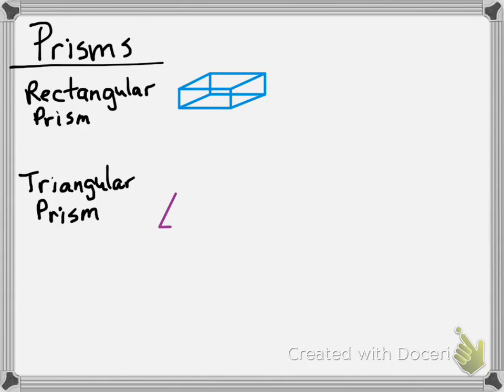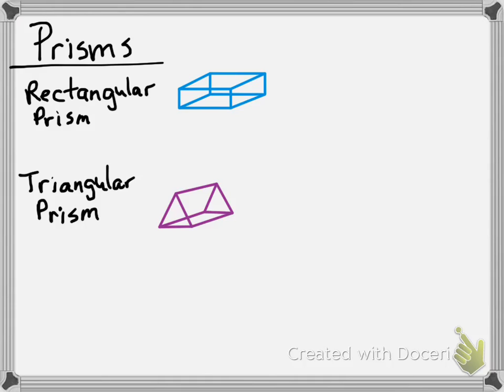And a triangular prism is the same idea, except it's made from a triangle. So the front is a triangle and the back is a triangle. You can see it's like a pipe, except it's shaped like a triangle.